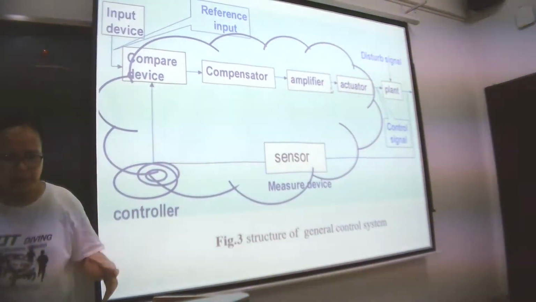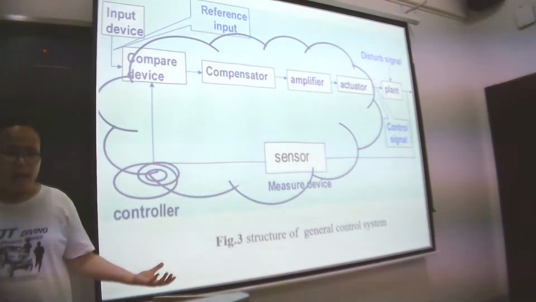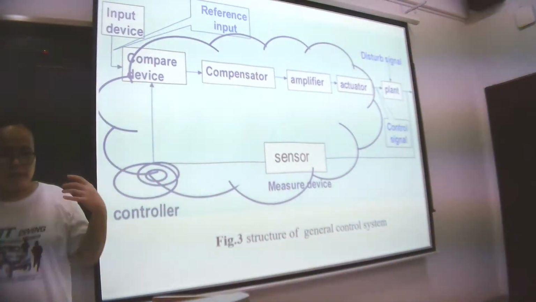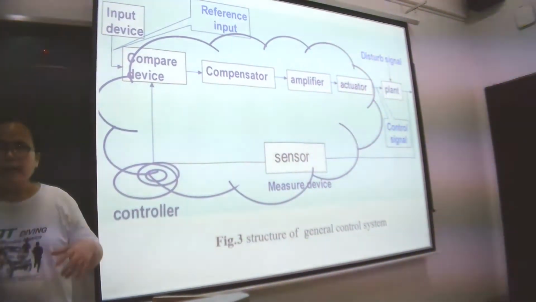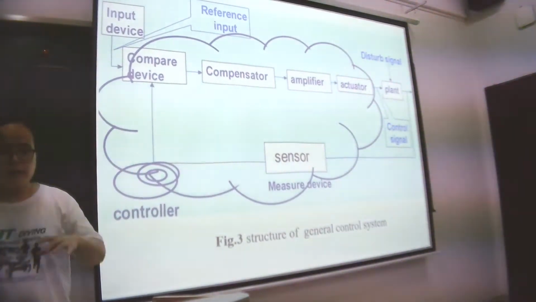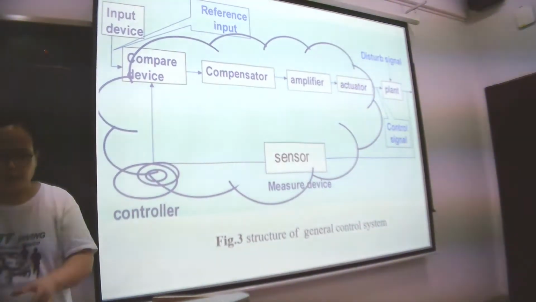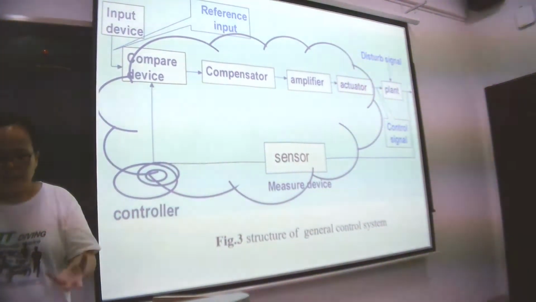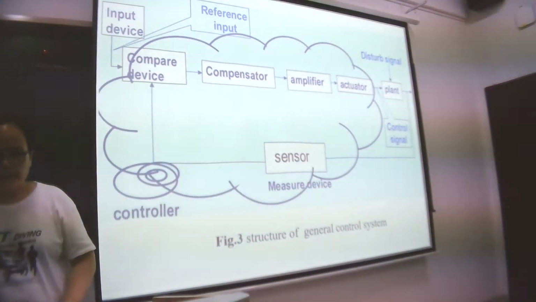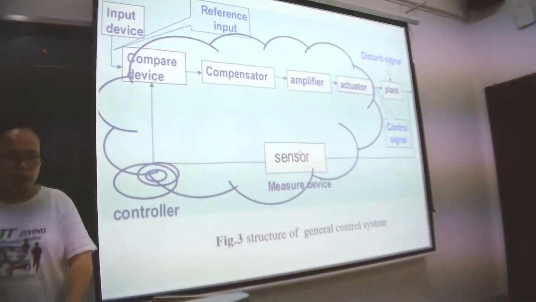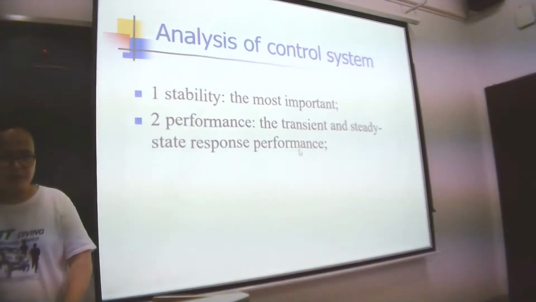The amplifier amplifies the error of the system, and the error is added to the actuator, and then we give that to the output. This is the feedback control system.